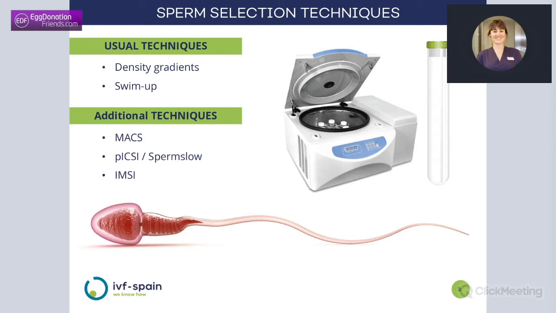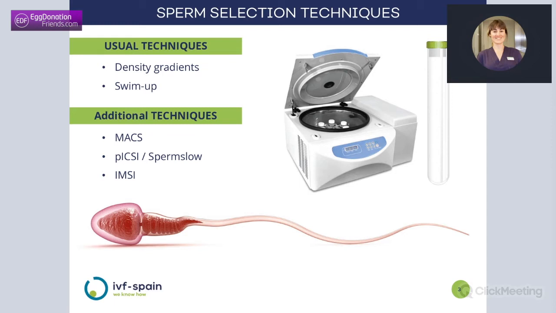The usual techniques which we use in the laboratory every day, which are used in every laboratory and which are almost mandatory when you're processing a sperm sample, are density gradients and the swim-up technique. What we do when we perform density gradients basically is take the sperm sample and put it on top of 2 or 3 layers of a media with different densities.